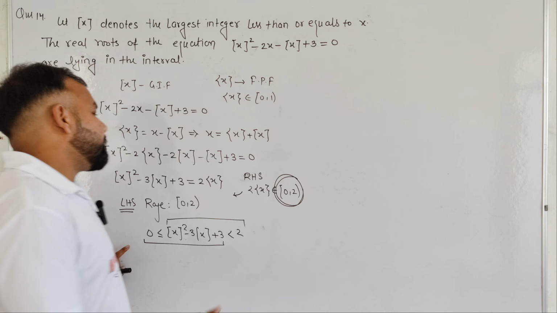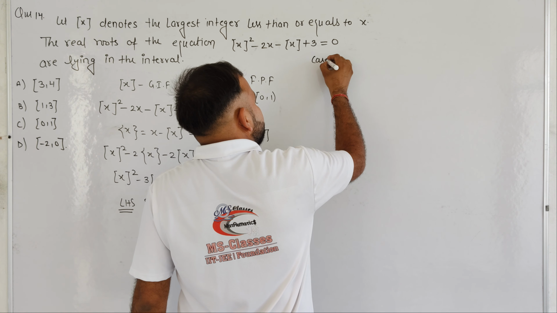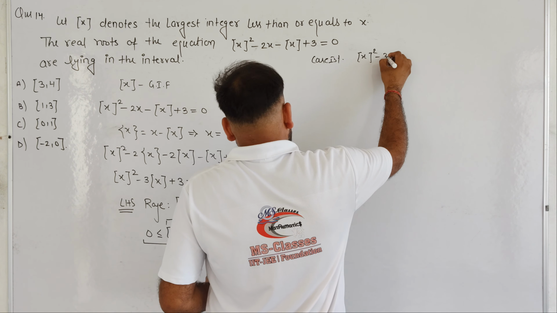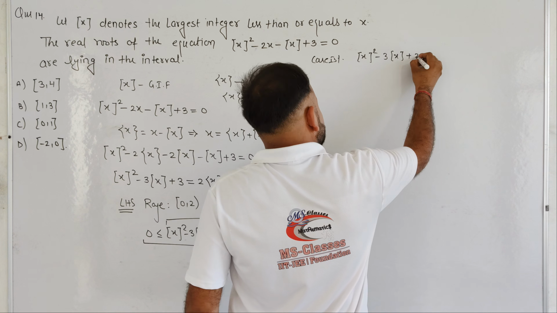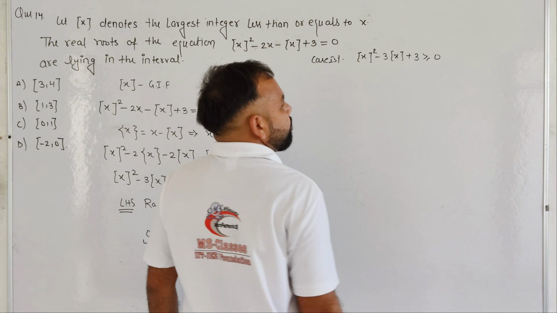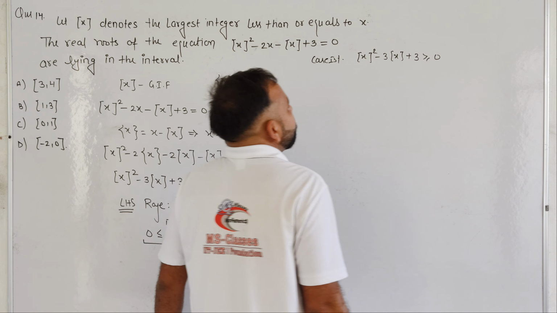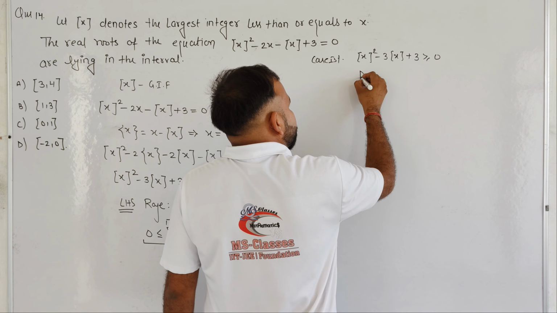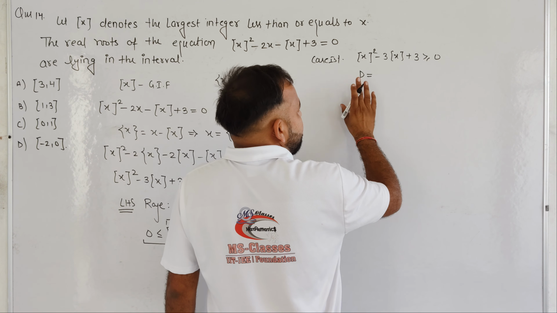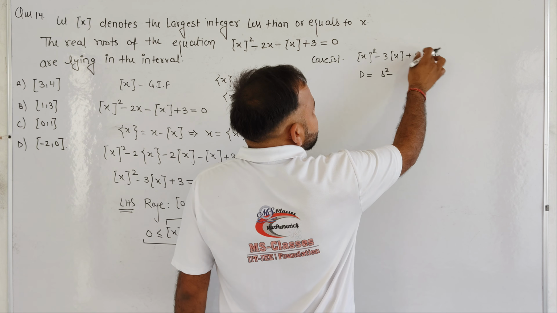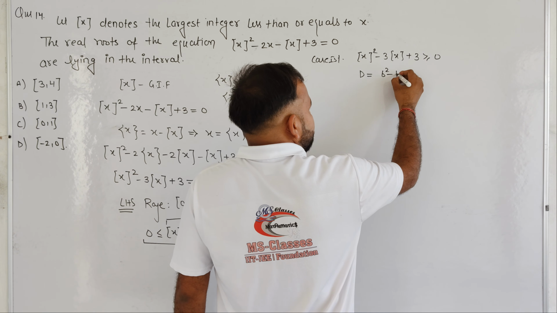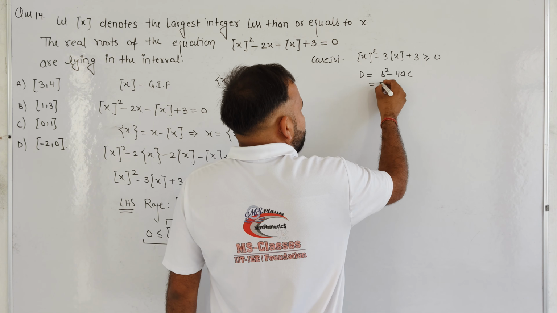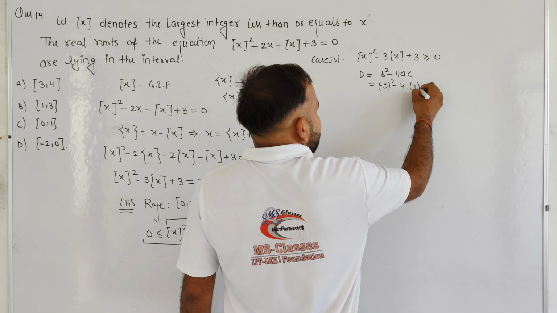Solving both separately, first, [x]^2 - 3[x] + 3 is greater than or equal to 0. Let us check the discriminant of this equation. Let us consider this as a quadratic equation in [x]. The discriminant is b^2 - 4ac, where b is -3, a is 1 and c is 3.